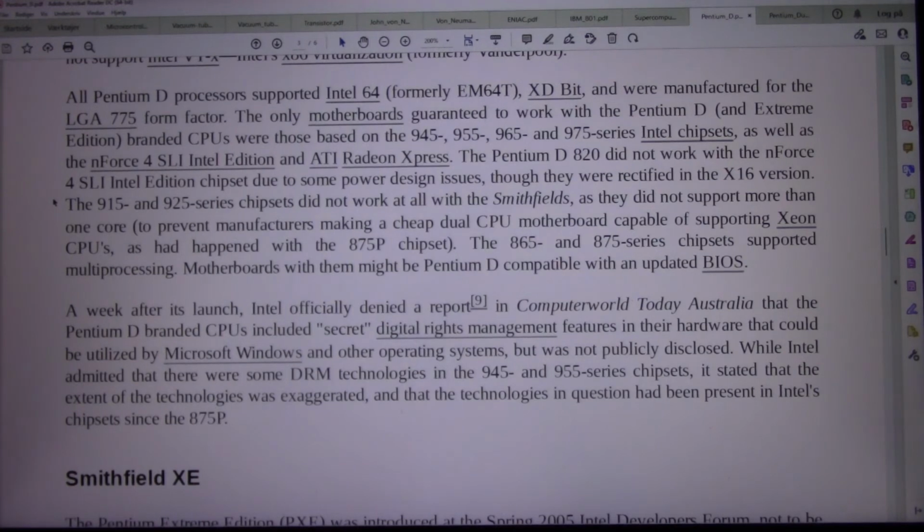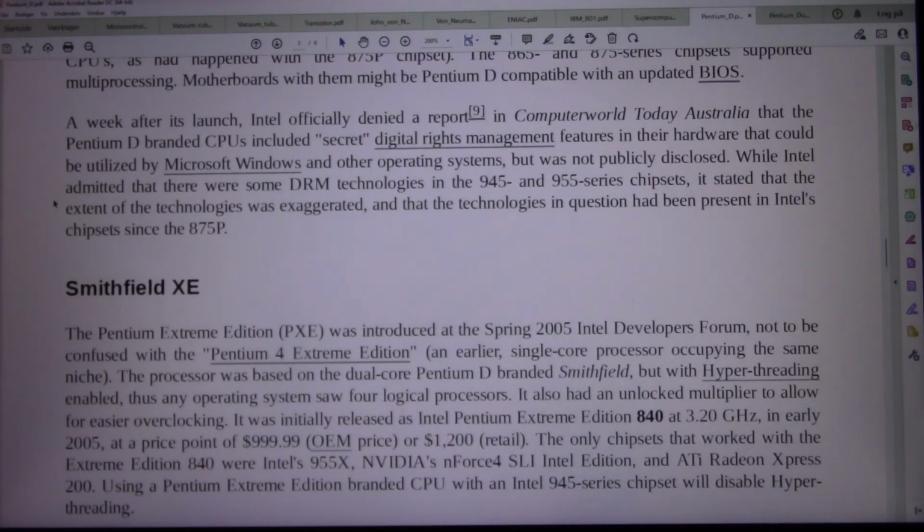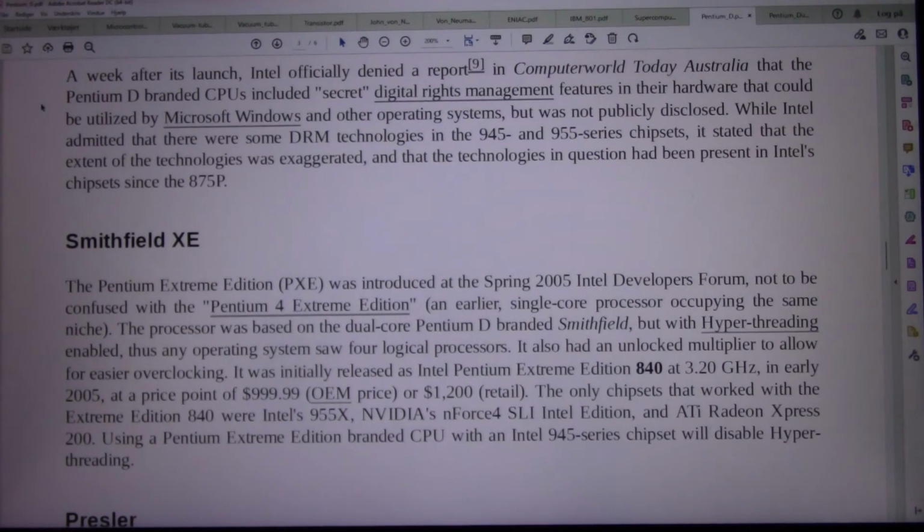A week after its launch, Intel officially denied a report in Computer World Today Australia that the Pentium D branded CPUs included secret digital rights management features in their hardware that could be utilized by Microsoft Windows and other operating systems, but was not publicly disclosed.